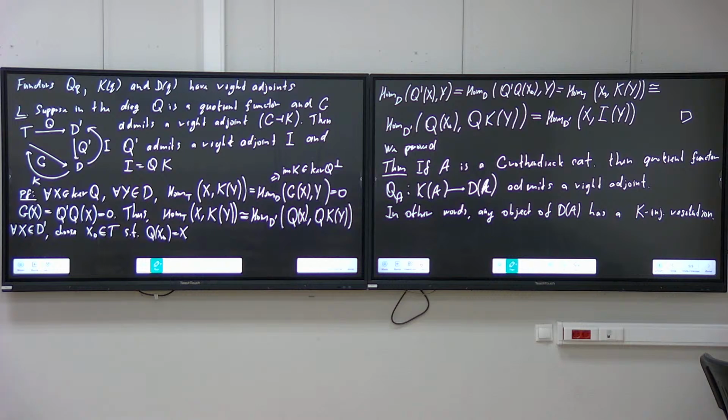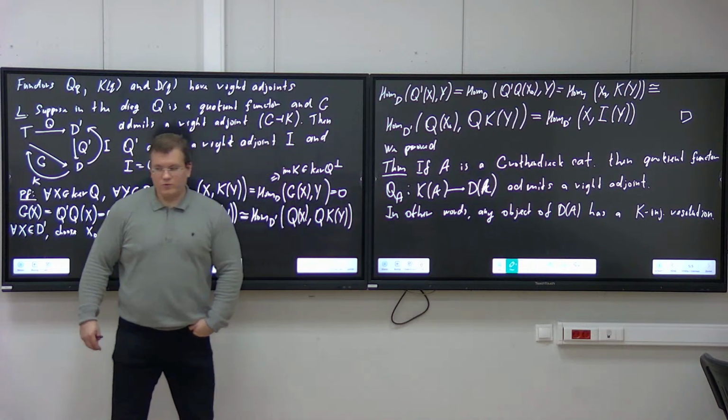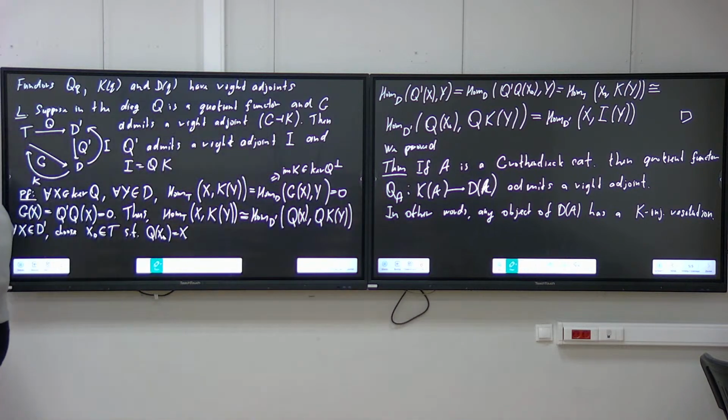Okay. Yeah, and also we can conclude as a corollary from the theorem, but actually we proved this a little bit earlier, that in the derived category of a Grothendieck category, all the Homs form sets, which is of course not true for any abelian category. In derived categories the Homs are just some classes, not sets.